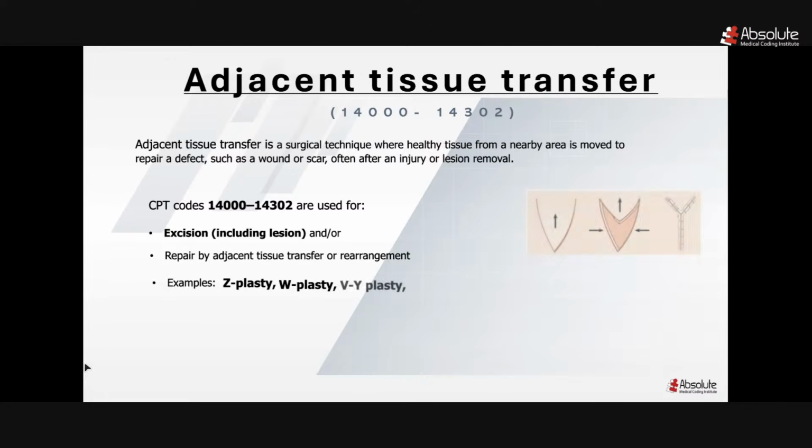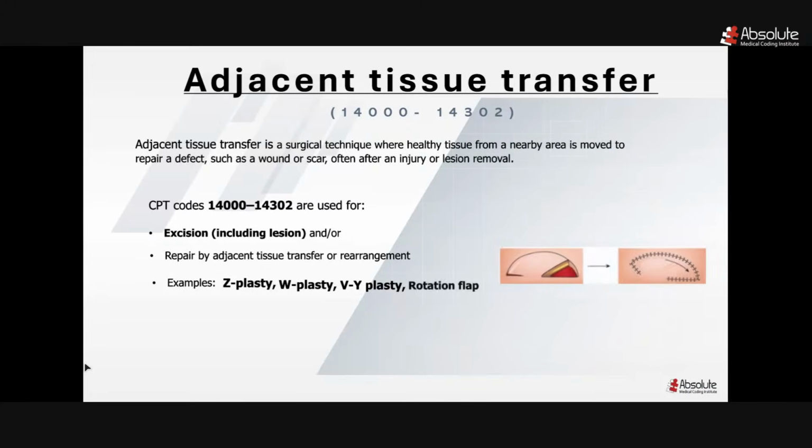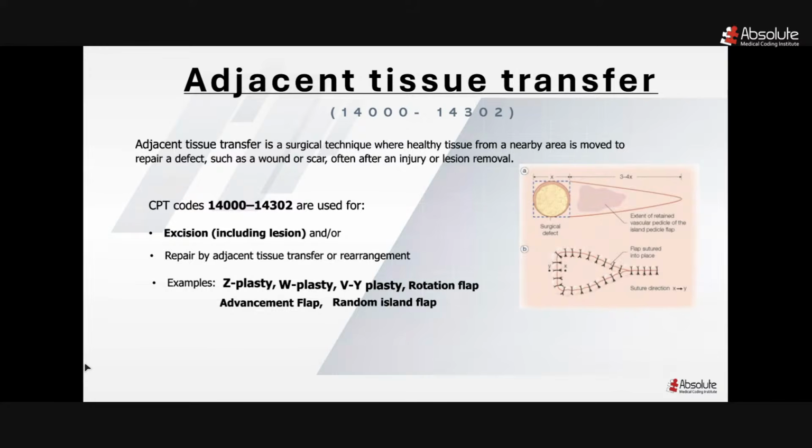V or Y plasty, it looks like the alphabet V or Y. And we have a rotation flap, then an advancement flap, also a random island flap that looks like this. So coders, remember these are also keywords for you so that you can identify an ATT procedure in a scenario. If you see such terms, make sure you code from the adjacent tissue transfer section.